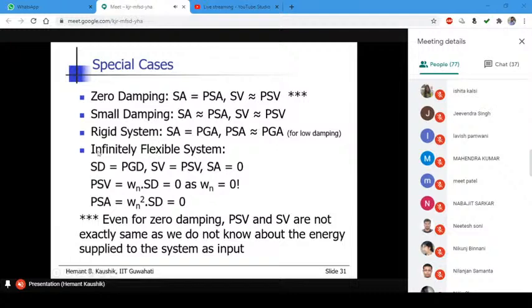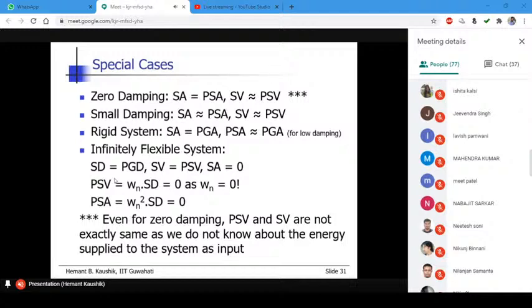Now, what happens with the infinitely flexible system? The spectral displacement becomes the peak ground displacement, right? So whatever the ground displacement is, if there is a system which is infinitely flexible, with a very high natural period of vibration, the same displacement will be there on the structure.